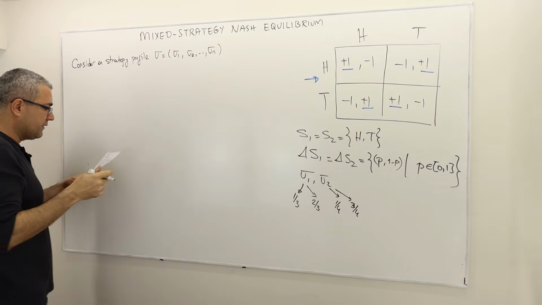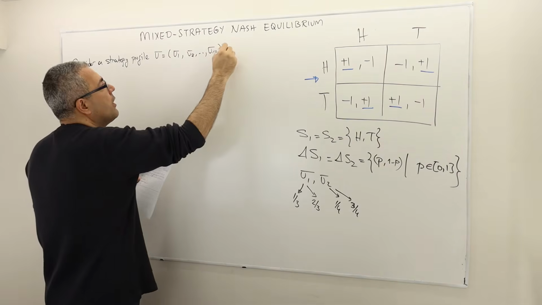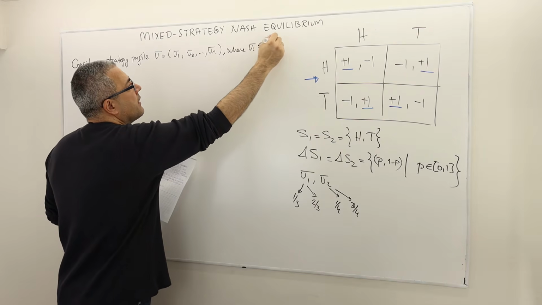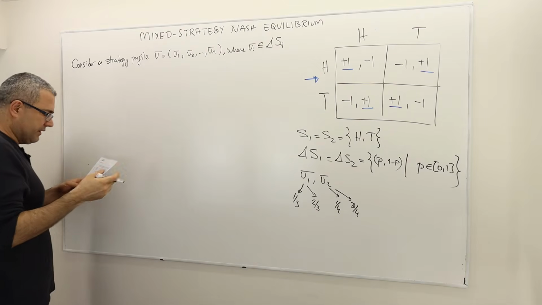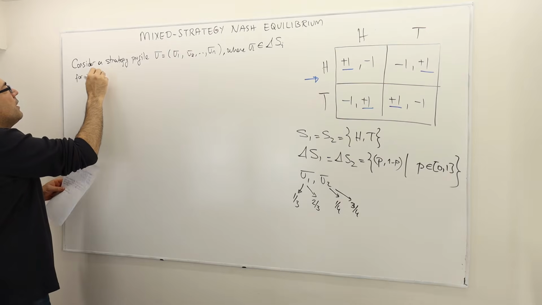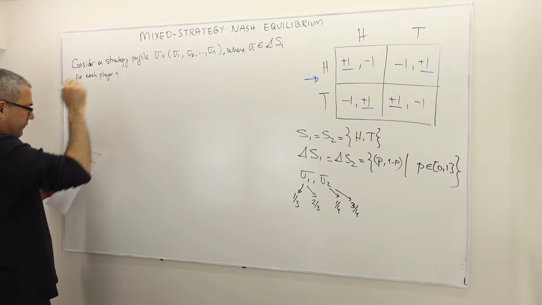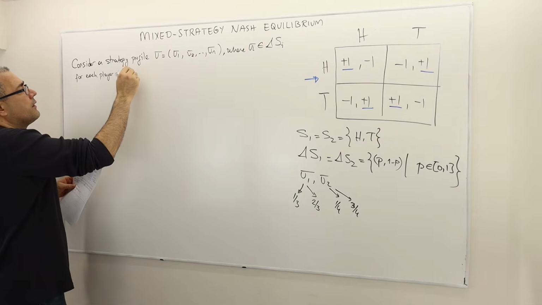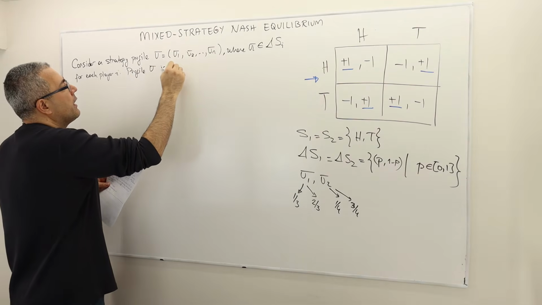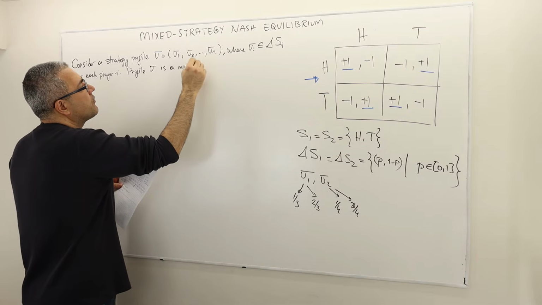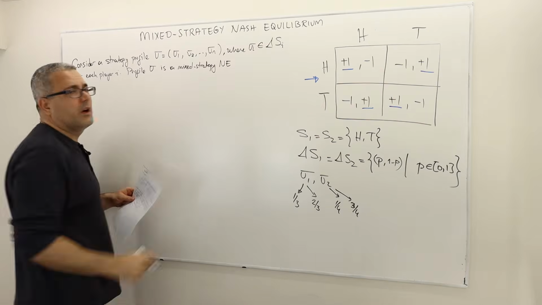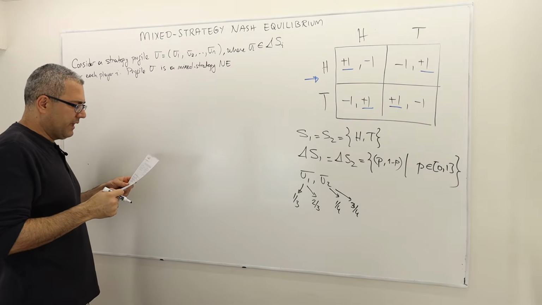So n is some number greater than or equal to 2, where each sigma i is coming from this delta S_i set, which is a simplex, for each player i. Okay, well, this profile, sigma, is called a mixed strategy Nash equilibrium. All right, so in brief, I'm just going to write NE.